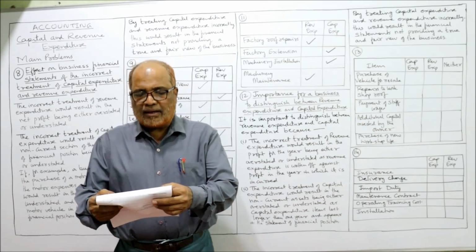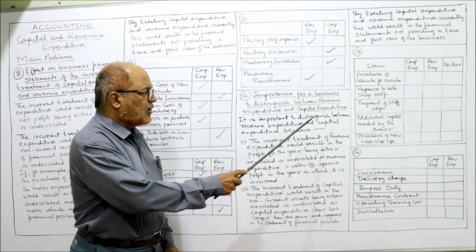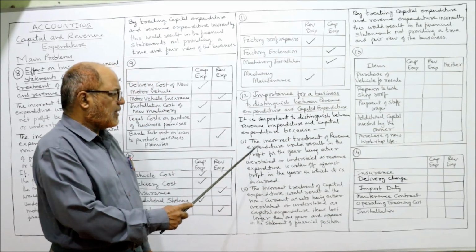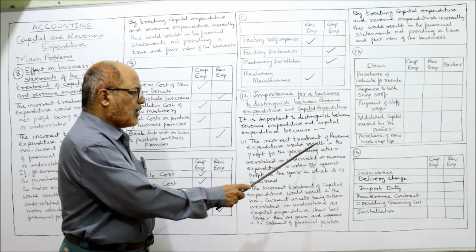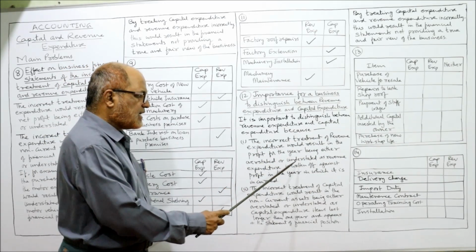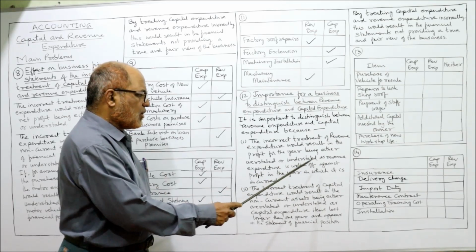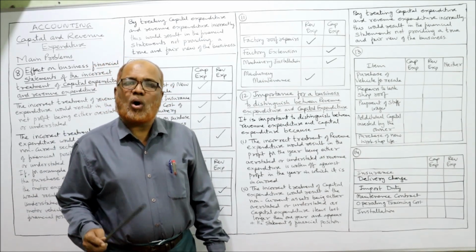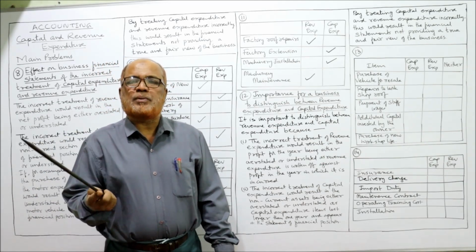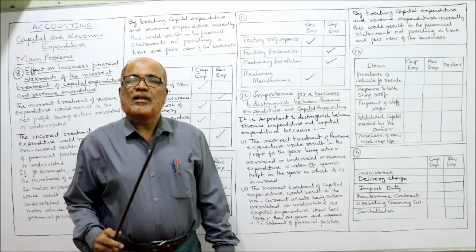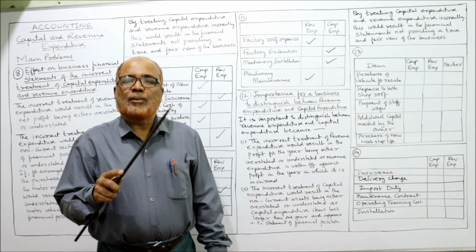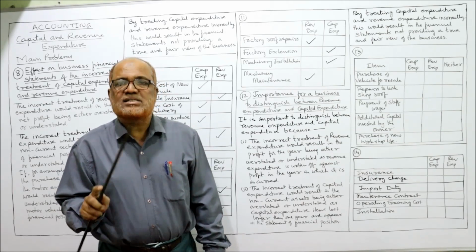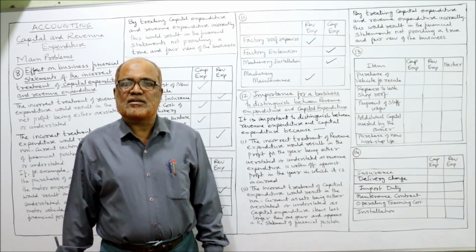So here it is asking why. It is important to distinguish between revenue expenditure and capital expenditure because the incorrect treatment of revenue expenditure would result in profit for the year being either overstated or understated, as the revenue expenditure is written off against the profit in the year in which it is incurred. So if you wrongly treat the capital expenditure as revenue or revenue as capital, the first effect would be that profit will be either overstated or understated.